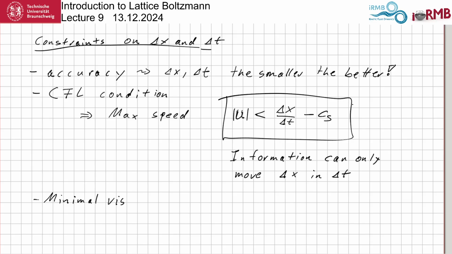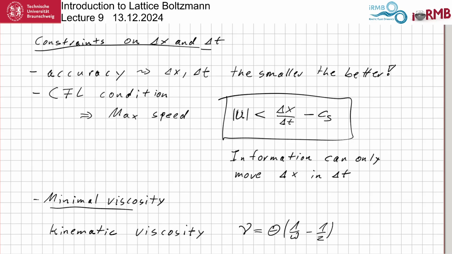Minimal viscosity. So we have the kinematic viscosity defined as nu is our theta, which is the dimensionless temperature, times 1 over omega minus 1/2, times delta x squared by delta t. This theta here is given as 1/3.